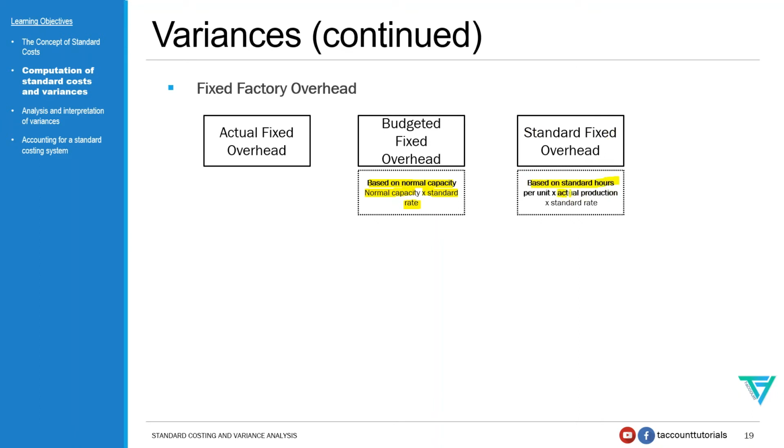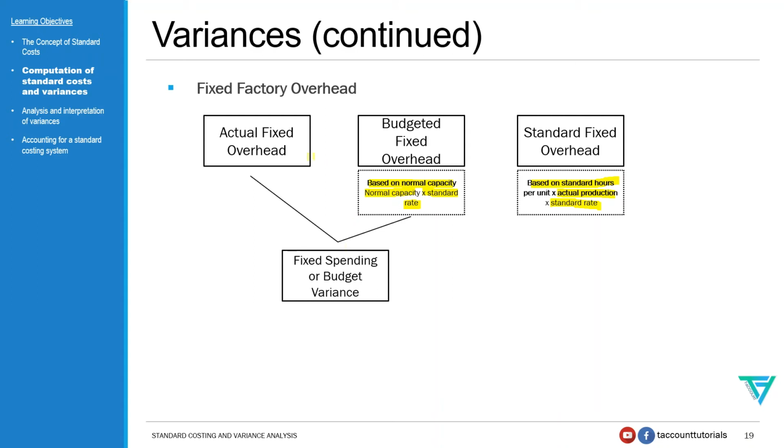And if this is multiplied by actual production, this is based on standard hours per unit multiplied by actual production, which would lead us to the standard hours base on which to apply the fixed overhead to production. That would be multiplied by the standard rate as well, right?